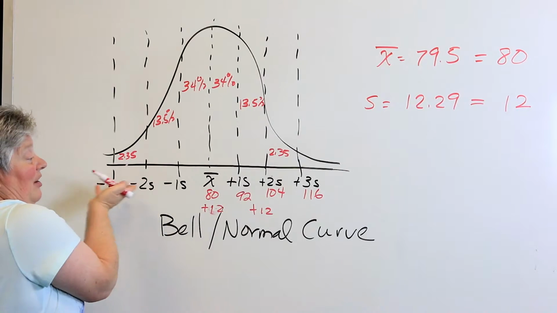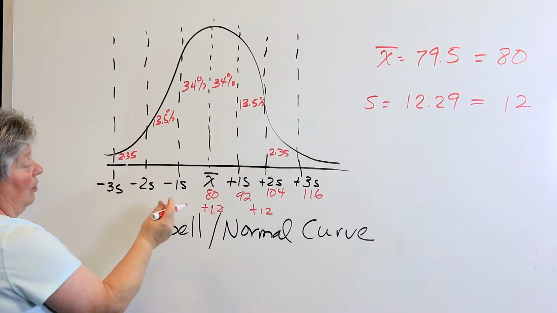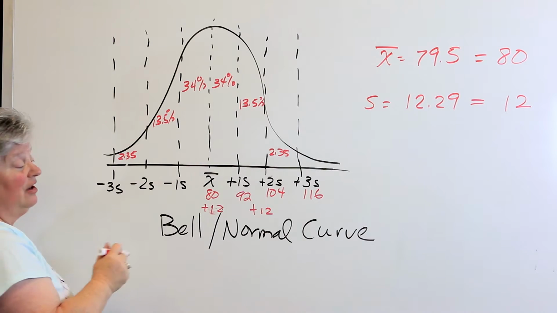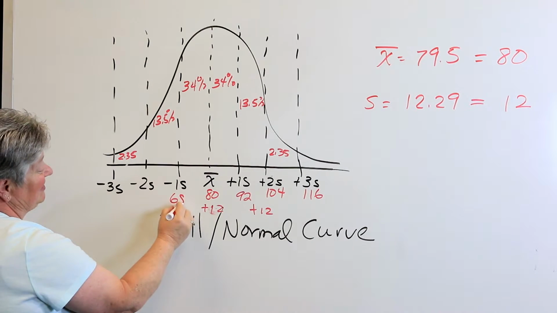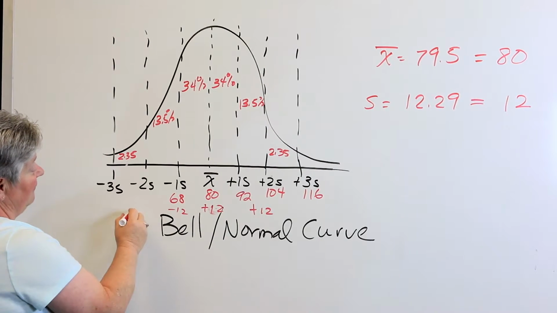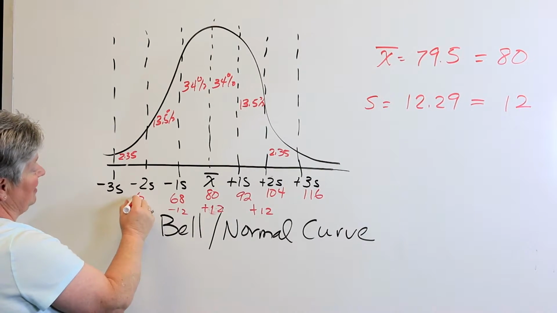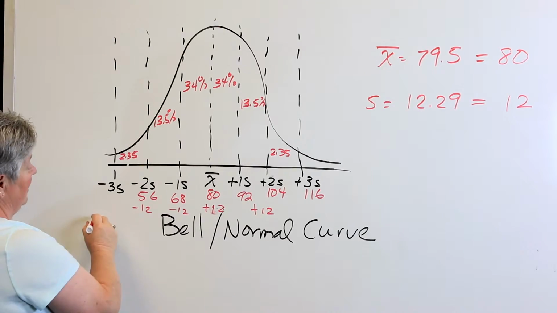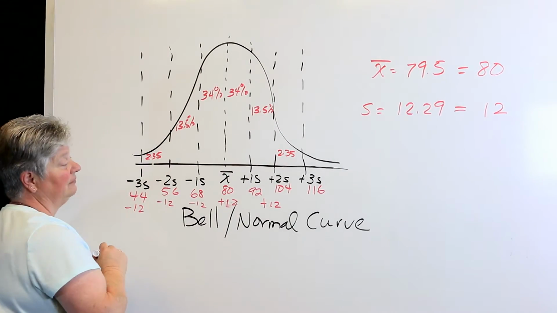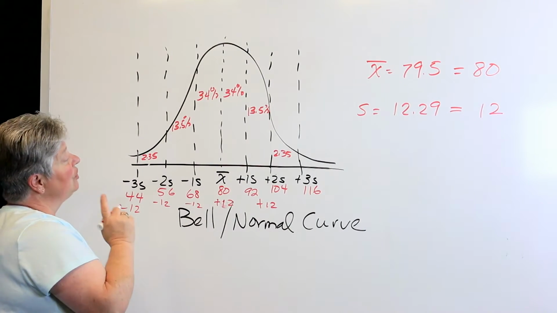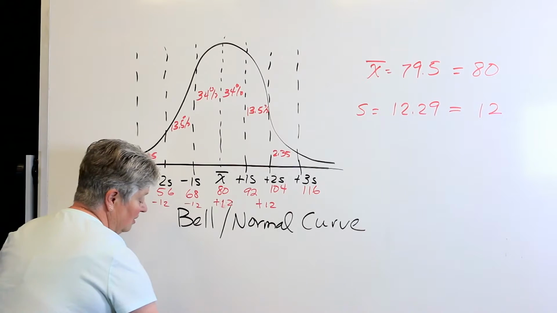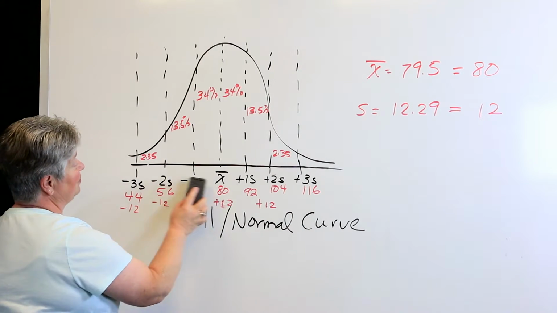So this is kind of what we're looking at for our values. Now I come over here and I subtract a standard deviation. So this one is going to be 68 because I'm subtracting 12. If I subtract another 12, this is going to be 56. And I subtract another 12, that's going to be 44. So what I know is that with our data, this is how we spread out.